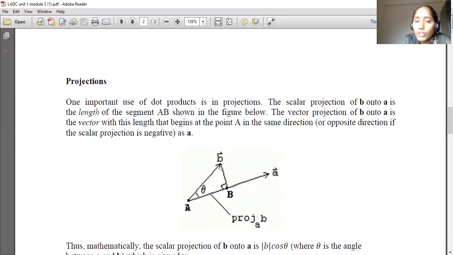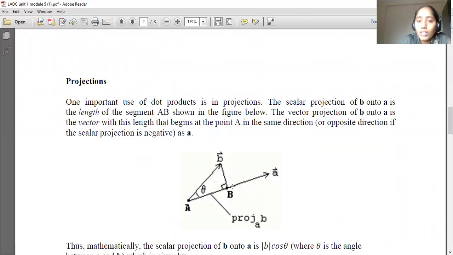If we want to project b bar on a bar in the direction of a bar, there are two types of projections: the component of b bar on a bar, or the vector projection of b bar on a bar. Component projection is the length of the projection in the direction of a bar.